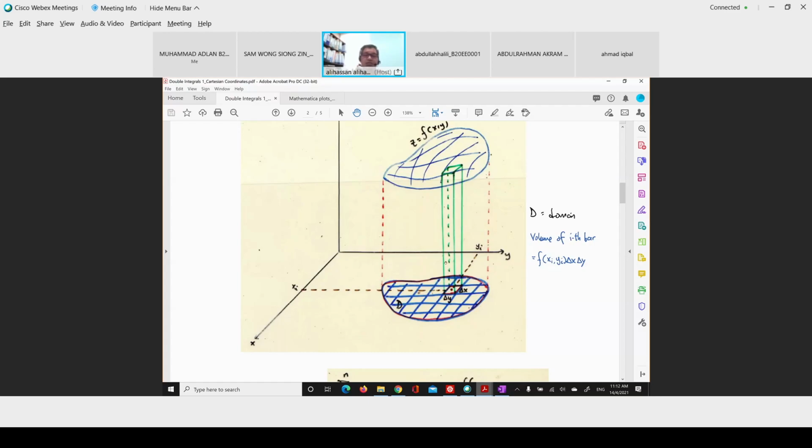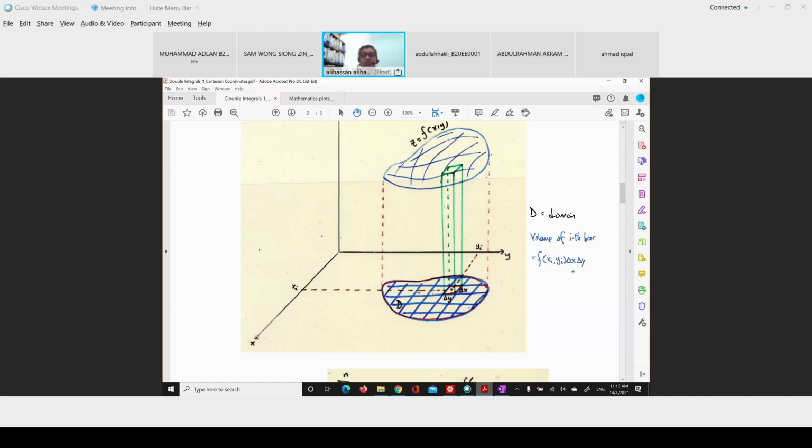The area of the base is delta x delta y, and the height is f evaluated at the representative point (xi, yi). So we take the volume of the ith bar as f(xi, yi) times delta x delta y.